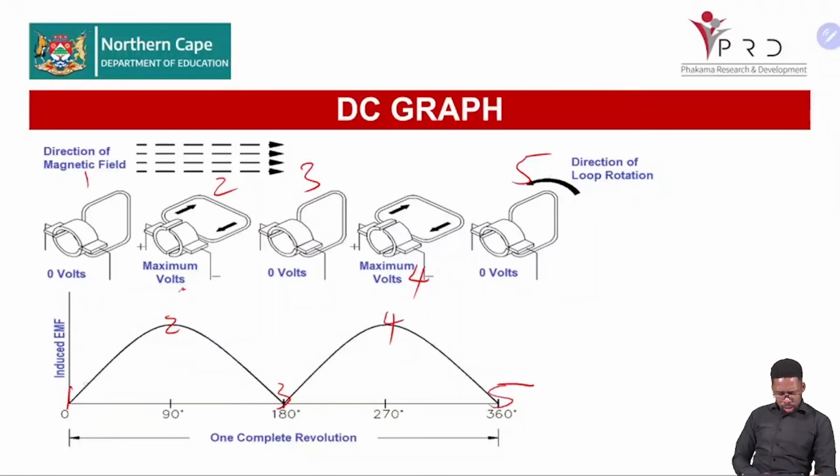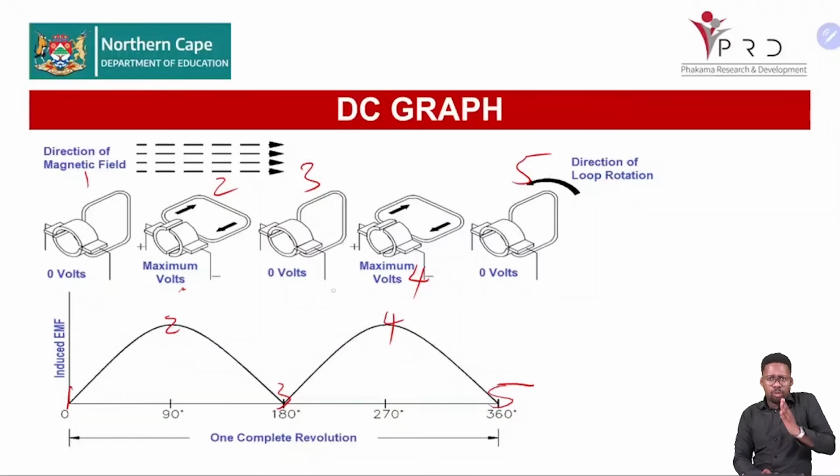As the coil rotates, the induced EMF increases up until the coil is parallel to the magnetic field lines. When the coil is parallel to the magnetic field lines, scenario number 2, what is going to happen? We'll have maximum EMF. Then the coil will continue to rotate until it is perpendicular, scenario number 3.